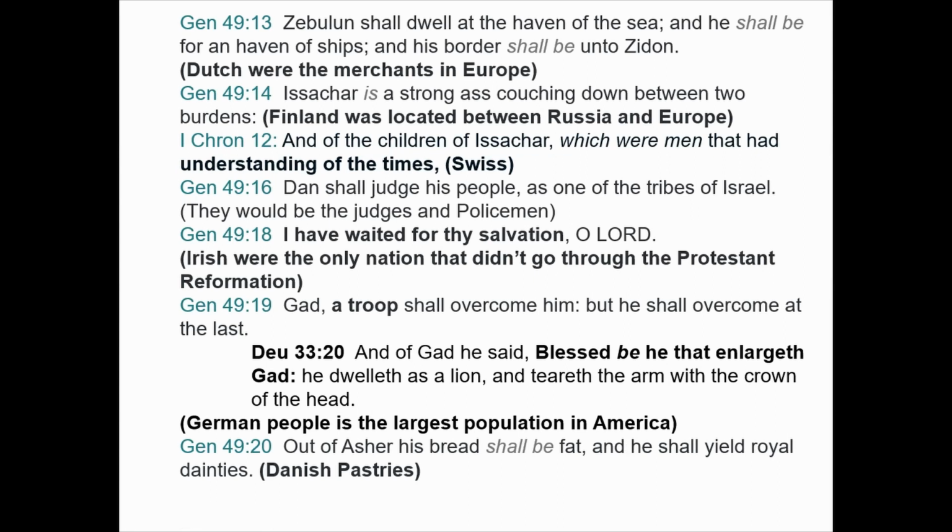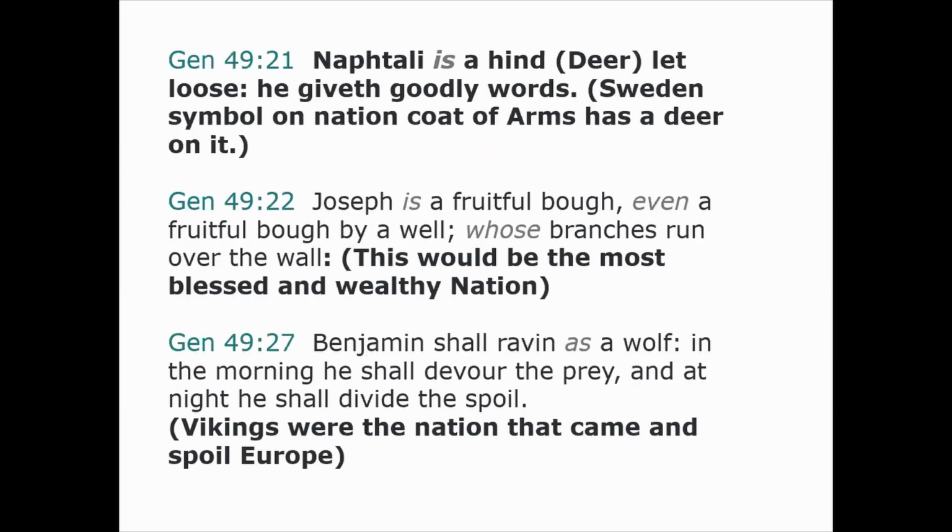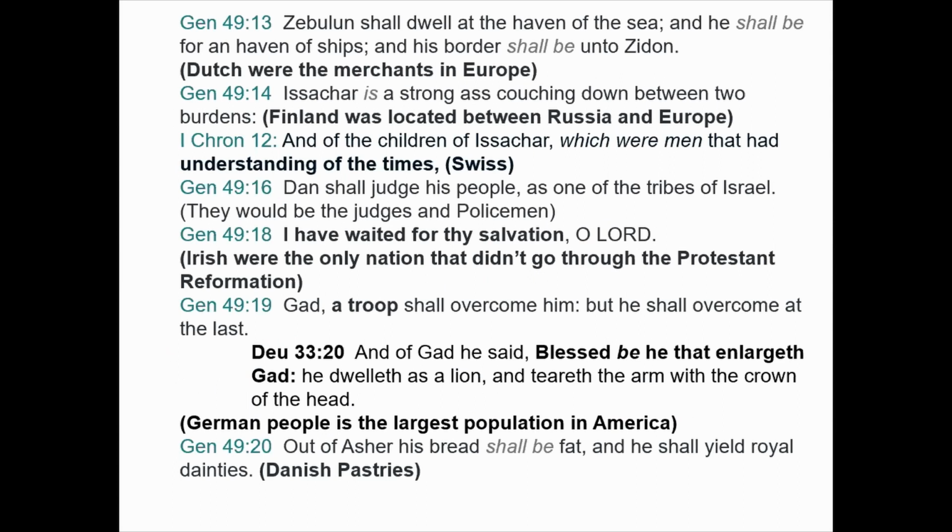The royal delicacies are foods and pastries, and the people of Belgium, and in that area, that's where you get the Belgian waffles. Some of the candies come out of that area and around the Netherlands and in Belgium. So Asher would mainly be the people in the area of Denmark.